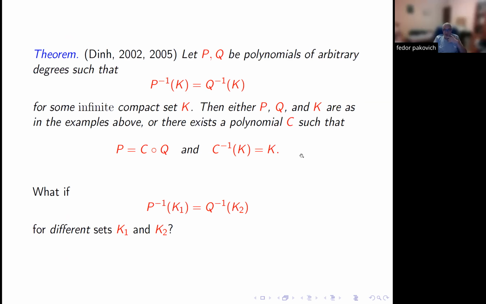So K is a completely invariant set for this polynomial. And the last stage is to ask what happens if we allow not only different degrees, but also different sets here. It turns out that it's also possible to solve completely.